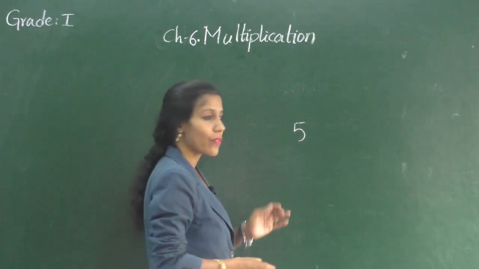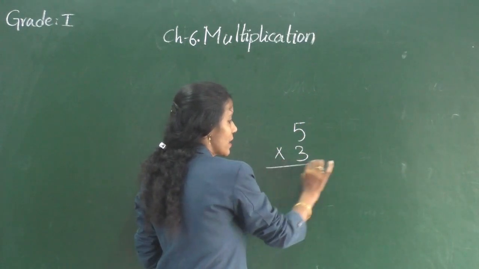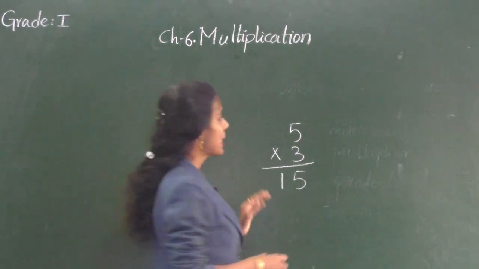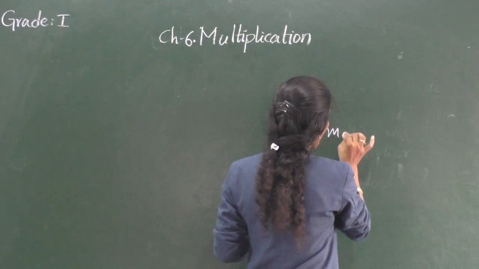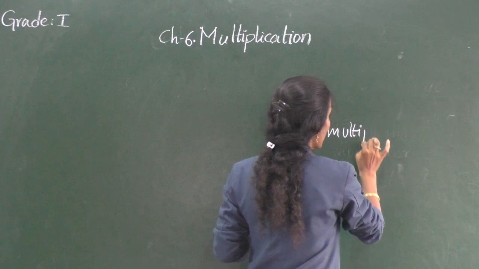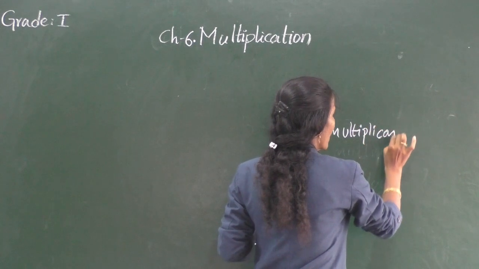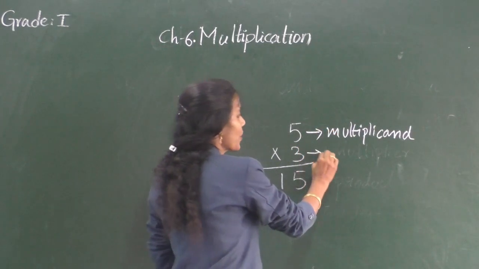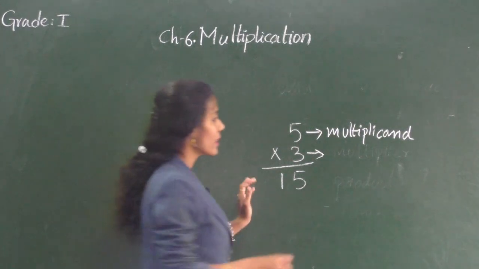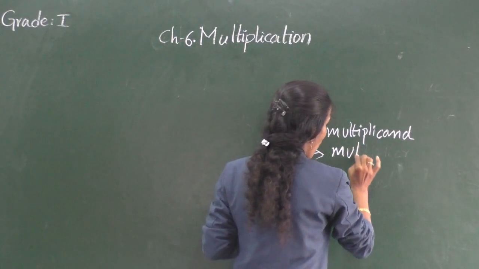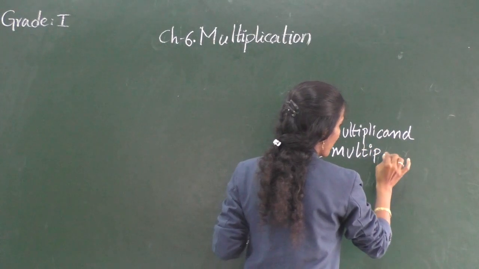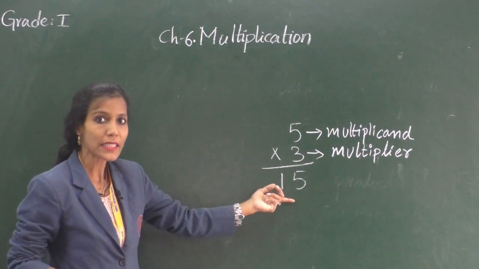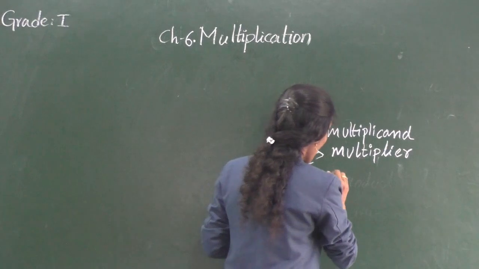Here 5 into 3 is equal to 15. Here 5 is known as multiplicand. So we write multiplicand. 5 is known as multiplicand and 3 is known as multiplier, and what we get, the result, is known as product.